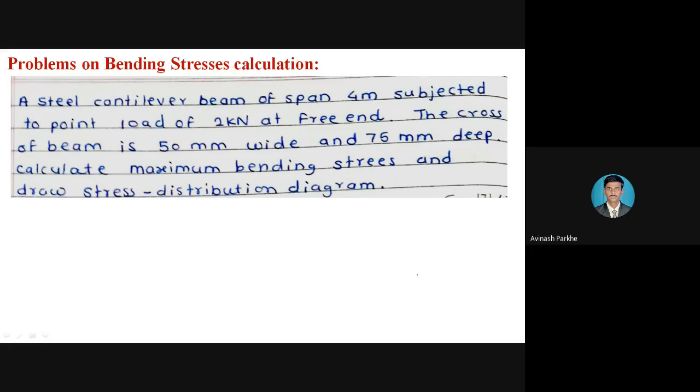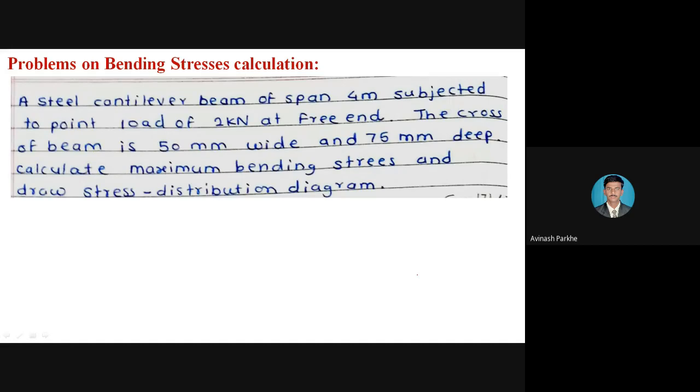To calculate these parameters, we discussed the important formulas in the last lecture, related to the moment of inertia I and the Y bar calculation for the commonly used sections like rectangle section, square section, hollow rectangle section, hollow square section, then solid circular section, and the hollow section.